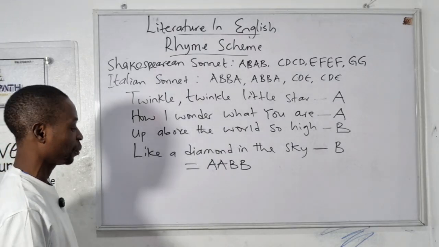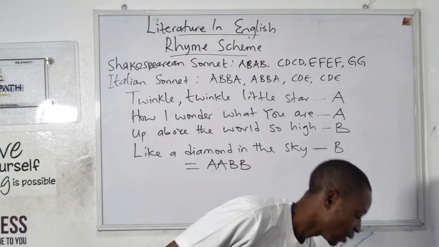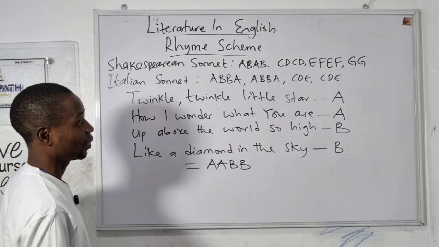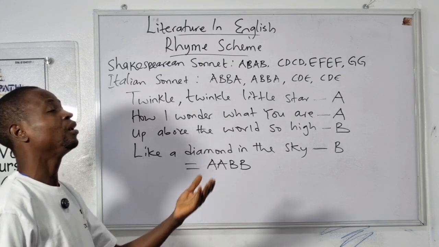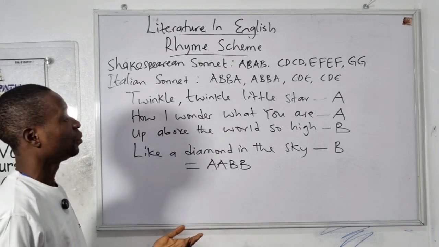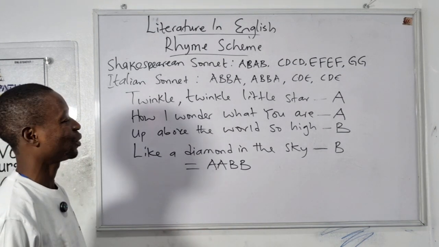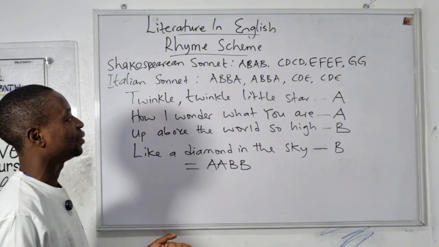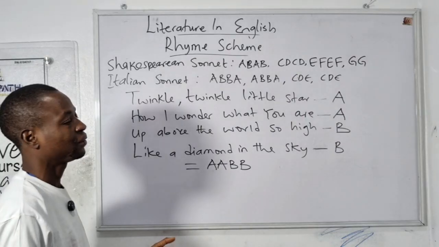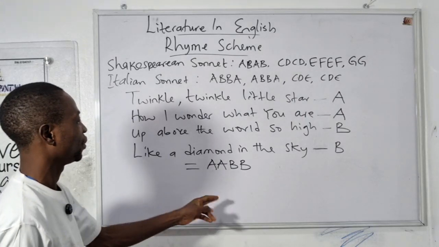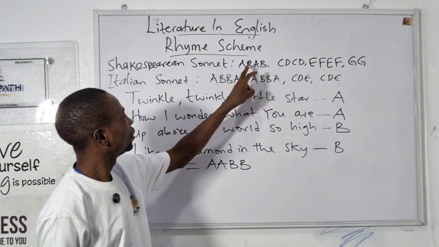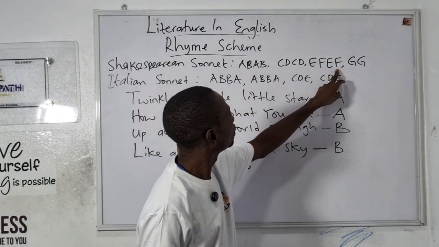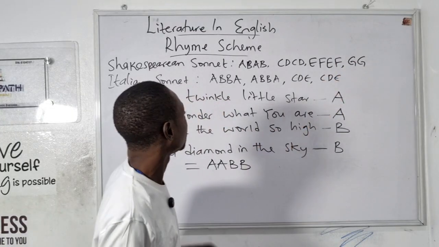Okay, let me give another example. But this one, I'll just form an example to facilitate your understanding further. If you see a long poem, maybe longer than 14 lines or anyhow, you can have as many as 4, 5, 6 letters in the rhyme. This is just two, A and B. In this one we have 7 letters.